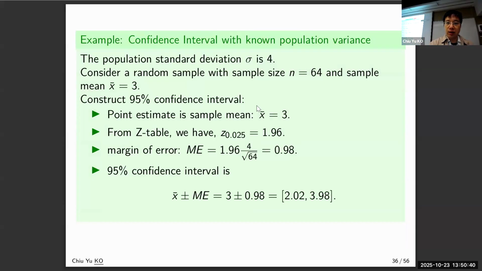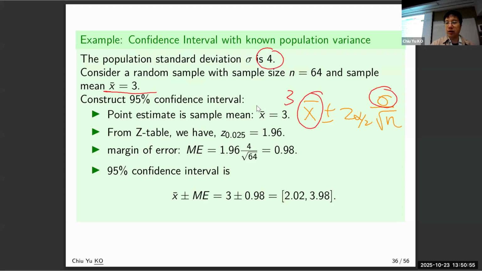This is just x bar plus or minus z alpha over 2 times sigma over root n here. And x bar is just 3, sigma is just 4 here, n is 64, and 95% means alpha is 5%.